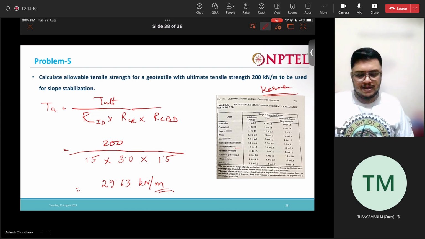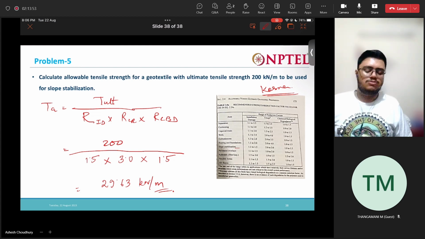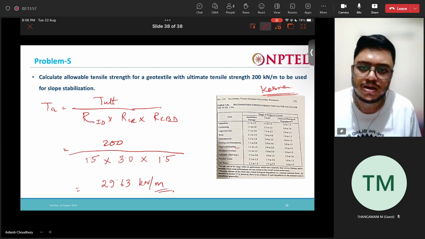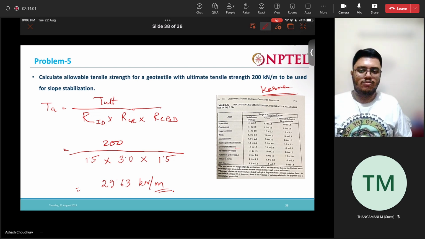This subject is not like basic soil mechanics or foundation design, where a large number of problems are available in textbooks or elsewhere. This is a very specialized, niche topic, so not many problems are available in books.